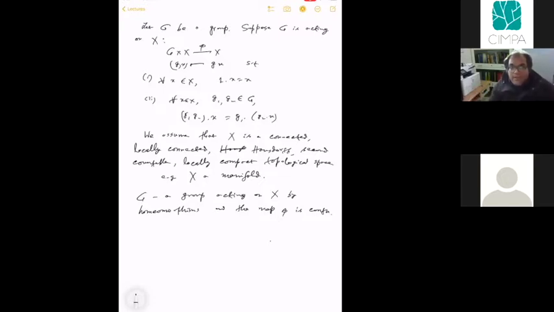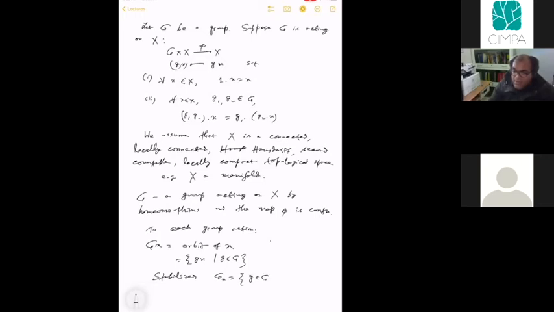Okay, so now to each group action, you have the orbit, that is the set of all points which are images of x under the group action, and the stabilizer, which is a subgroup of G fixing x.